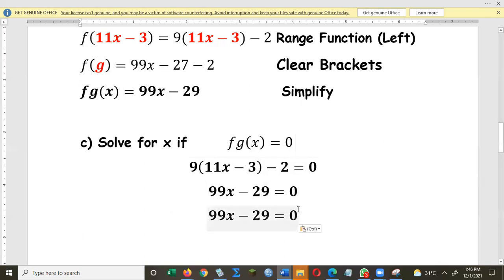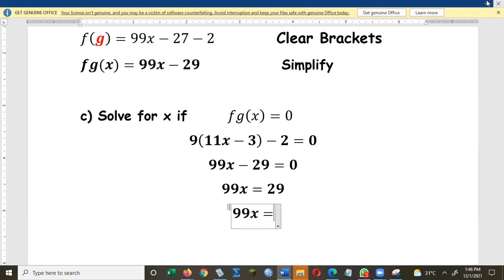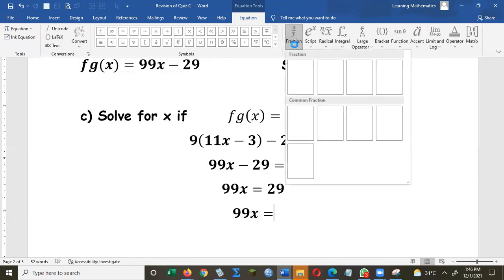You carry the 29 across, and then you divide by 99. We divide by 99. So basically that's what you do for number 1, part C in the quiz.